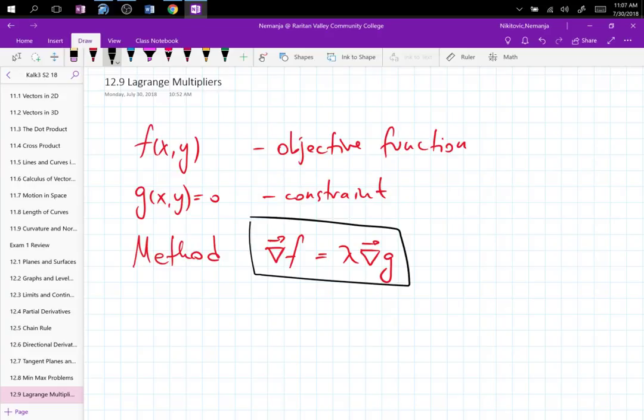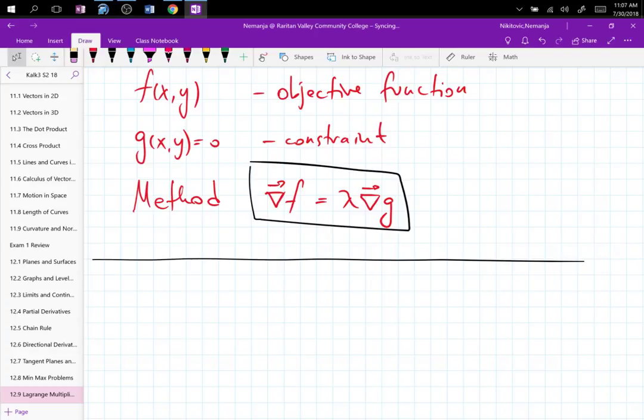Let's see. So in the light of what we did last time, we are going to be solving nonlinear systems of equations. And then again, depending on the amount of variables, you will be solving 3 by 3, 4 by 4, and upwards in terms of systems. You have the del f and del g.